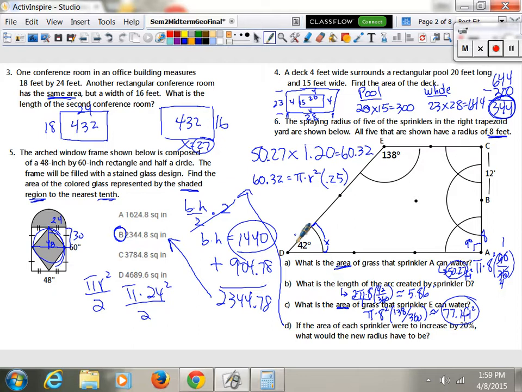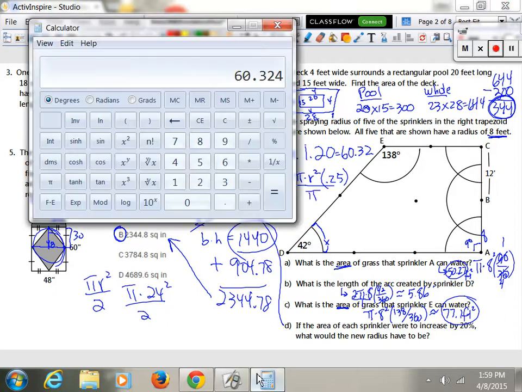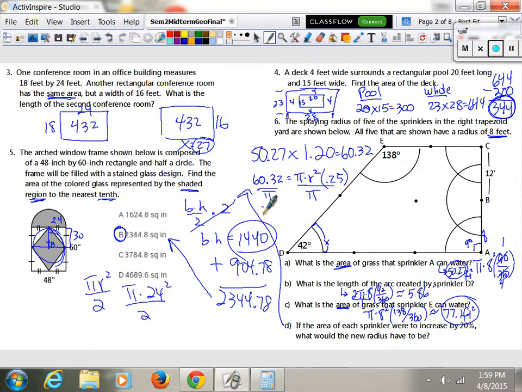So first thing I'm going to do is divide by pi. I'm going to take 60.32 and divide it by pi. It's going to give me 19.2. Okay, so 19.2 equals r squared times 0.25. Then I got to divide by 0.25.